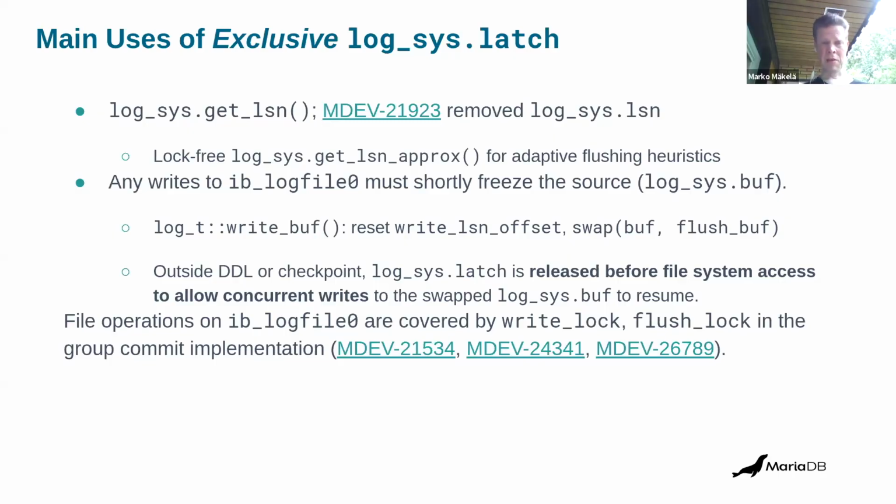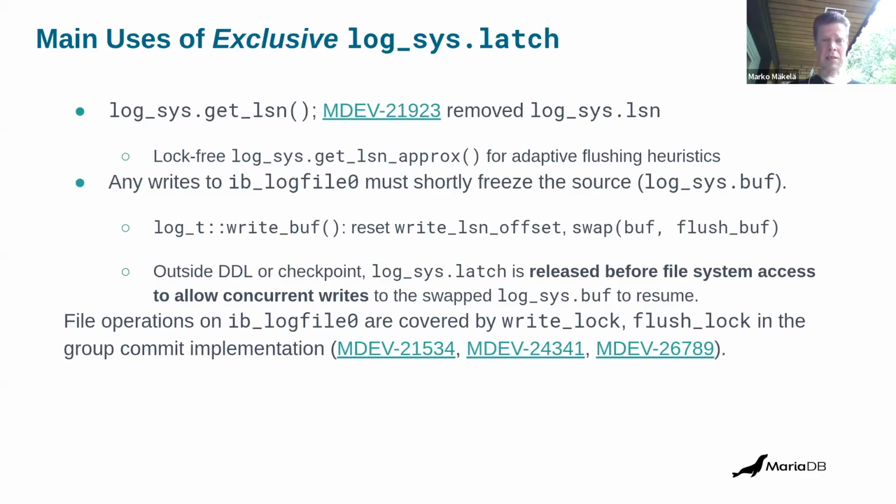But luckily this function is only called in cases where we are already holding the exclusive latch for other reasons. Then there is this lock-free approximation that we are using for heuristics in the adaptive flushing to determine how many pages we should flush. In that code, we definitely don't want to acquire the locksys latch.